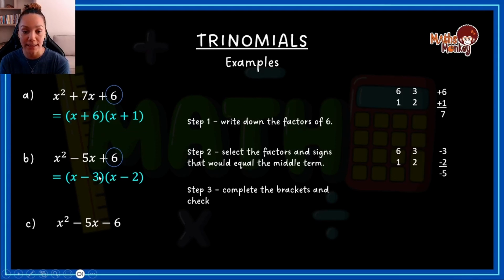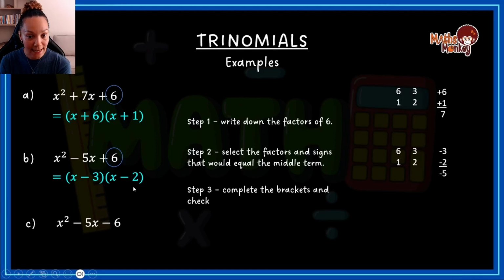So we have to check this by saying negative 3 times negative 2 must give me the last term. And then these two and these two must give me the middle term. Okay, so rewind that if you didn't get it. The last two, negative 3 times negative 2, gives me positive 6. That's perfect.